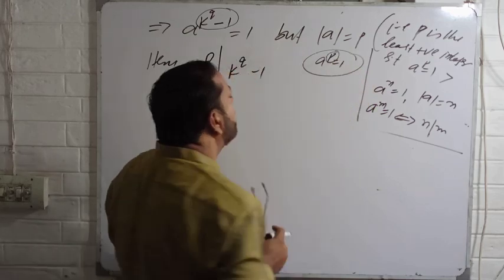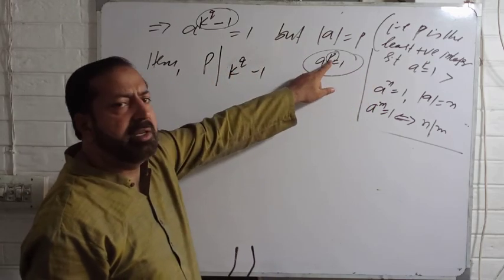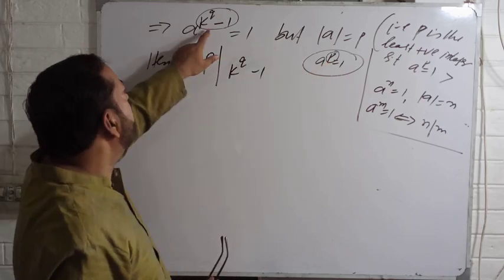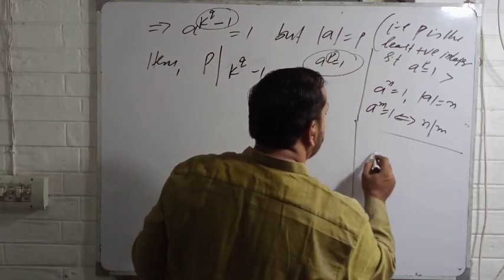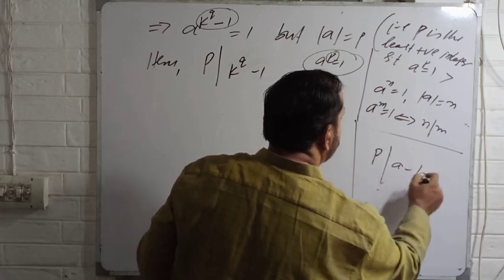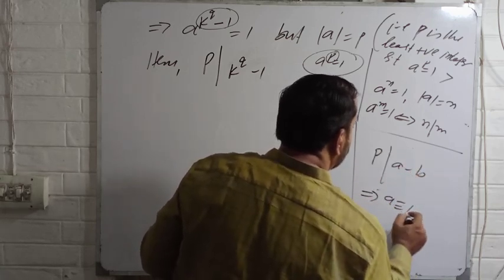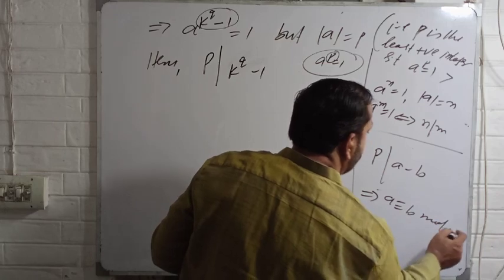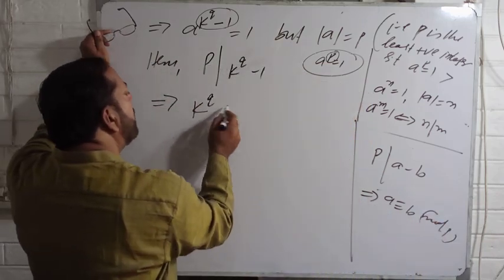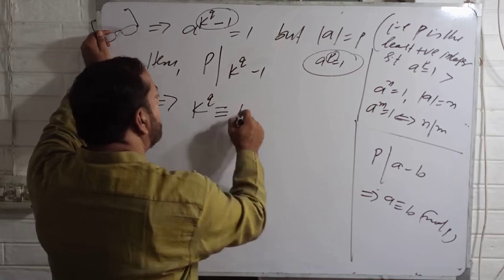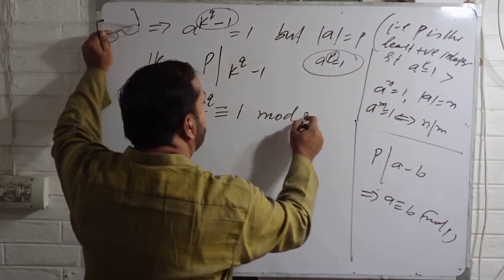This was the power, so that's why this is the least power. So p will divide this. And you know that if p divides a minus b, this implies a is congruent to b mod p. Right? So this implies k power q is congruent to 1 mod p.